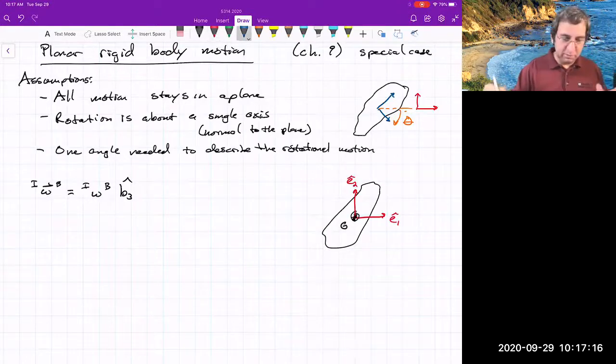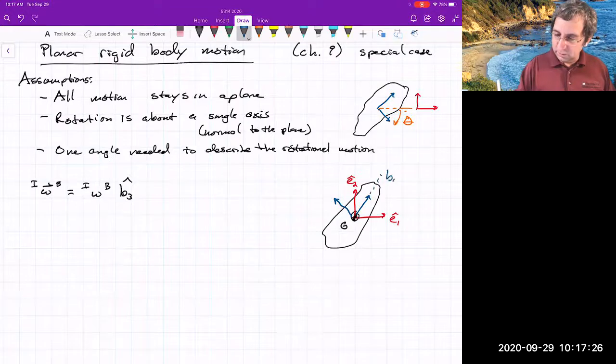And then we've got some body fixed directions. Maybe these are principal axes, or maybe we just randomly chose some body fixed frame. So here is B1, B2 direction. We would use this angle between E1 and B2 as our angle.